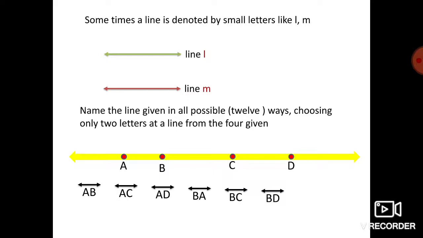Then starting from the point C: CA, then CB, then CD. Then when we start from D: DA, line DB, line DC. Okay, these are the 12 different ways to name the line in all possible ways.